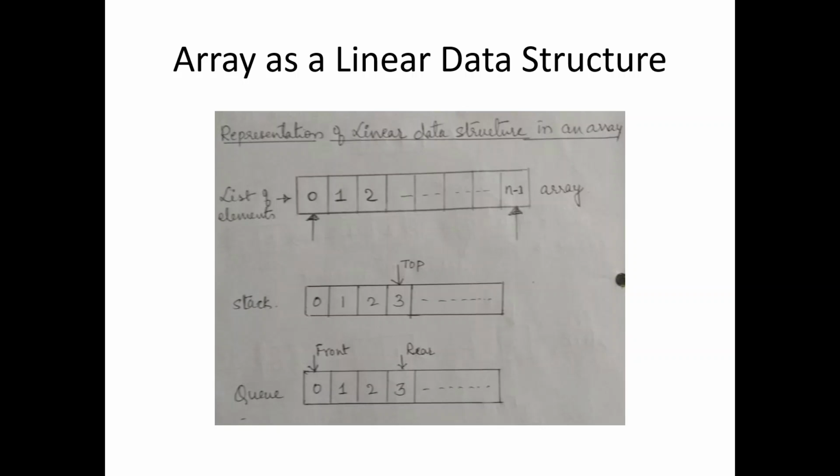So suppose you are keeping books one after another. First you keep the first book, second book, so on. You can keep so many books. Then the last book will be taken out first, that is the last in first out method. So that algorithm you are following for the stack.